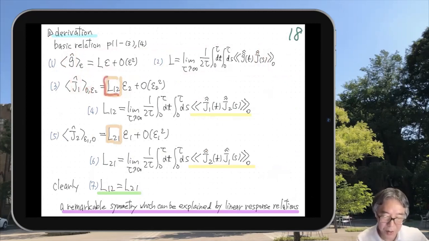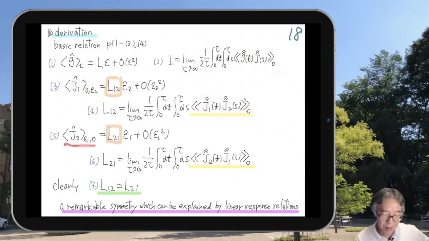By definition, this linear response coefficient is written L12. From this relation, we see that L12 has this representation. Here, J1 plays the role of G, and since this is epsilon 2, J2 plays the role of J. So we have this time-dependent correlation function, integration, and limit.